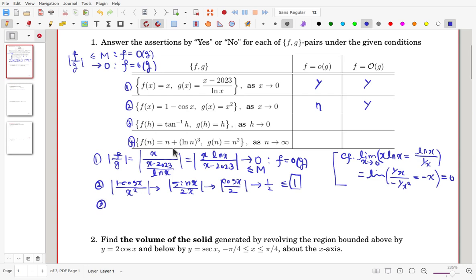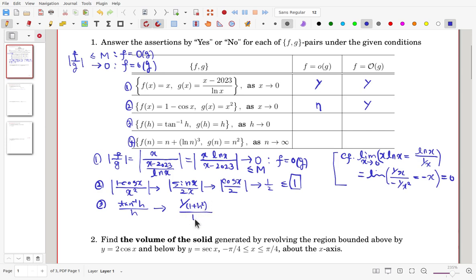Number 3, for that one, the top is arctangent of h, and the bottom is h. Once h goes to 0, this again goes to 0 over 0, so you can take the derivative. That is 1 over 1 plus h squared on top, and the bottom is 1.